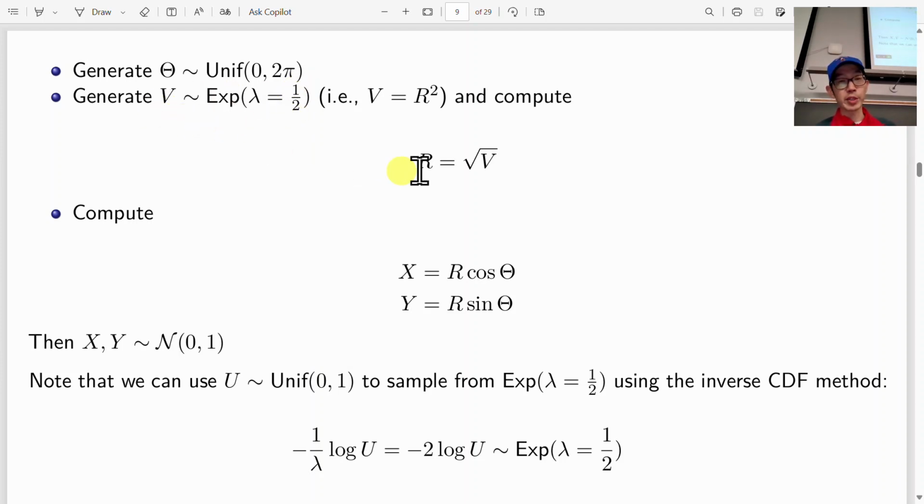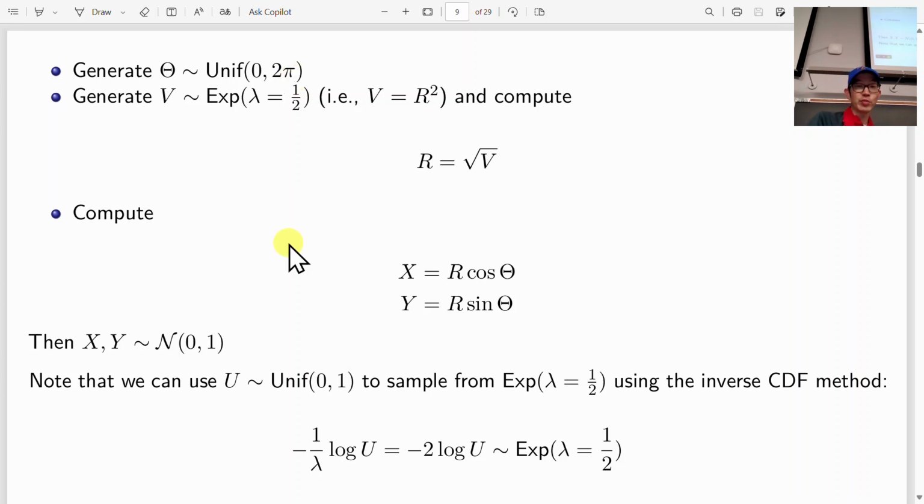Once we have a random exponential, which is equal to r squared, we can take r as the square root of v, and we'll just keep the positive side because we know r has to be positive. We can generate these with random uniform values. A random uniform from 0 to 1 is very easy to switch into a random uniform from 0 to 2 pi: just multiply it by a factor of 2 pi.